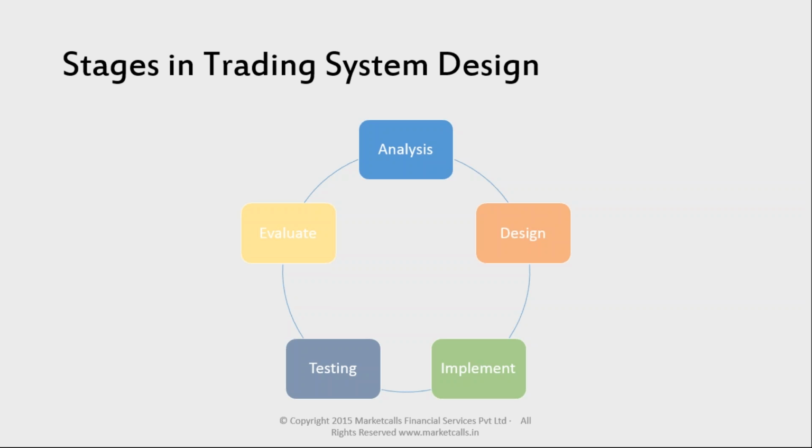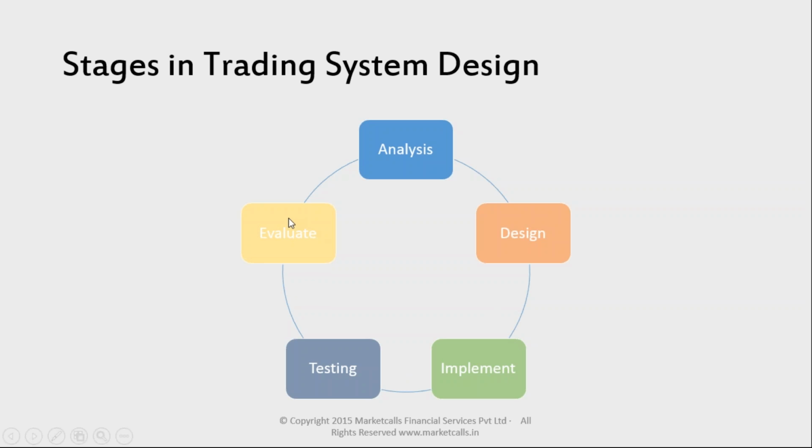Once you convert everything to mathematics, in the design phase we'll implement your design thinking into AFL code, or your programming trading system code, right? And at the implementation phase, once the code gets converted, we'll be doing some testing. The testing refers to optimization, backtesting, walk forwarding, all those kinds of things, and then evaluation.